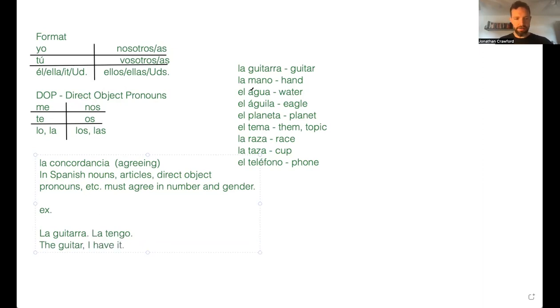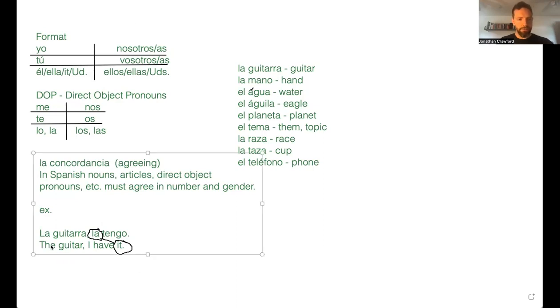We know that tengo is the yo form of tener. I recommend watching my video on irregular verbs in the present tense if you're not familiar with that. So, la guitarra, la tengo. The guitar, I have it. So this la right here is this right here, it. La tengo, I have it.